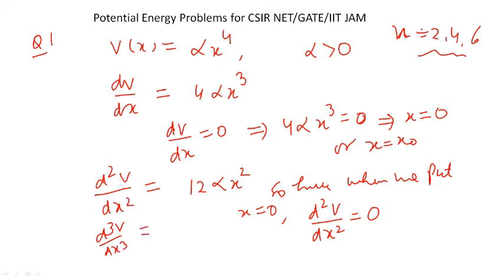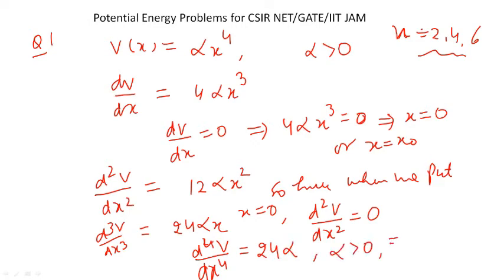It will be equal to 24 alpha x, then d4V over dx to the power 4 is equal to 24 alpha, and because alpha is greater than 0, it is a positive term.